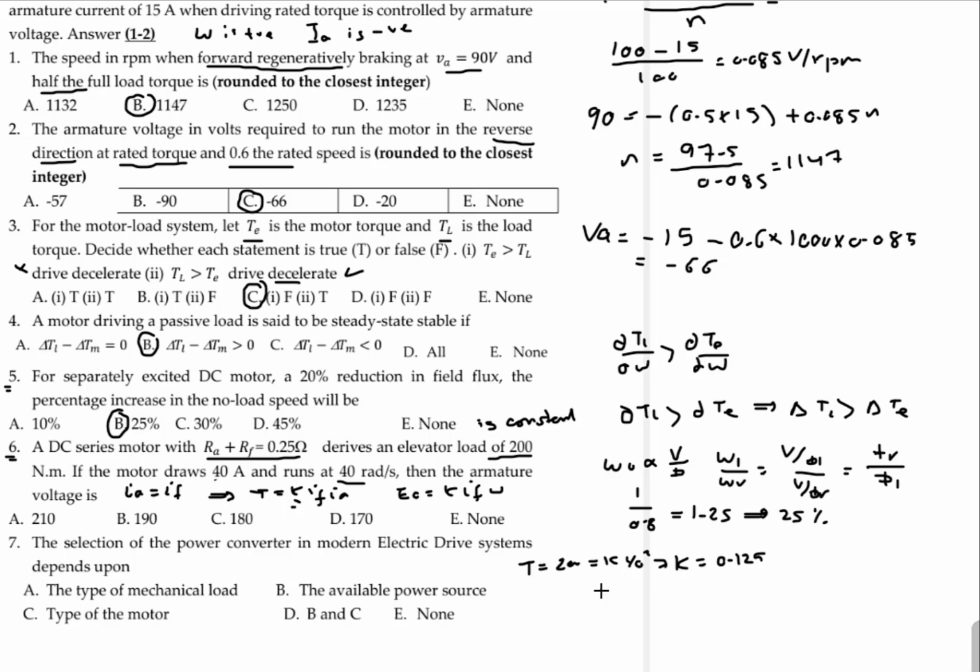So now VA will equal R total IA plus K IF omega. R is given 0.25 multiplied by 40 plus the K 0.125 multiplied by the current IF 40 multiplied by the speed 40. If we do the math, this will be 210.